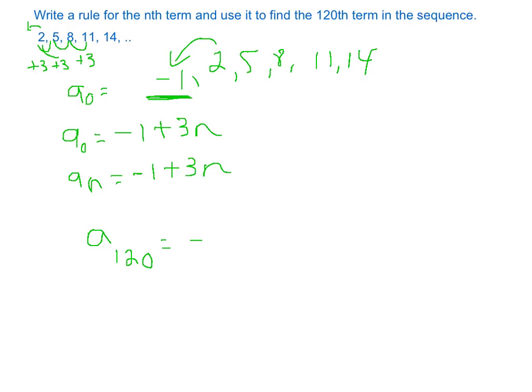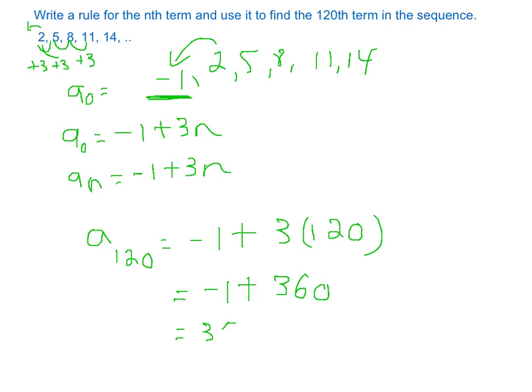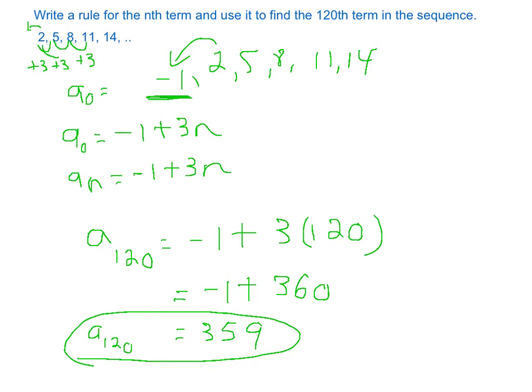So that's negative 1 plus 3 times 120, which gives us negative 1 plus 360, which is going to be 359. So the 120th term, if you continue that sequence out, would be 359.